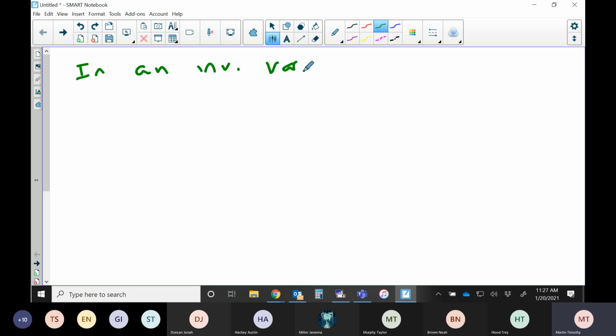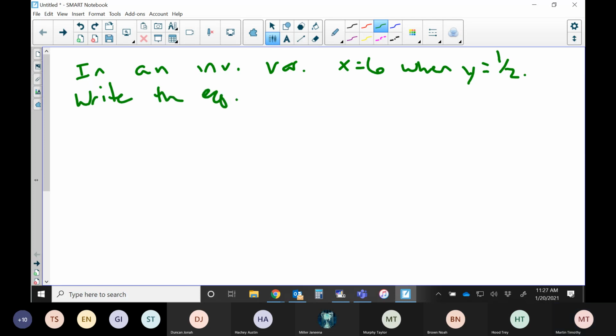That's what I should hear. x equals 6 when y equals 1/2. Write the equation, then find y when x equals 1/2. No, I'm sorry, x equals 15. So go ahead and try that on your own for just a minute.